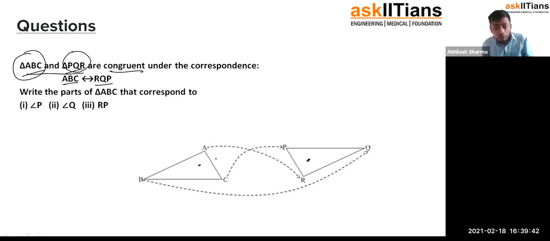But when you are talking about congruence, if you have named triangle ABC in this way, then RQP comes here, because look, this has been inverted in this manner.